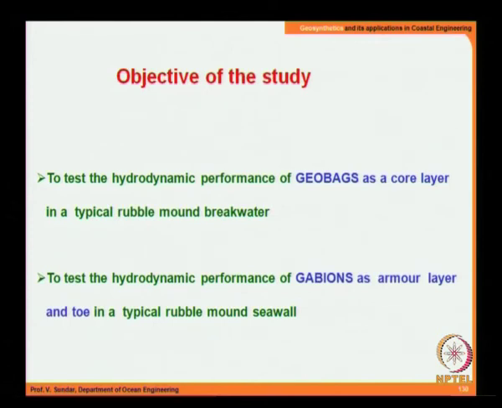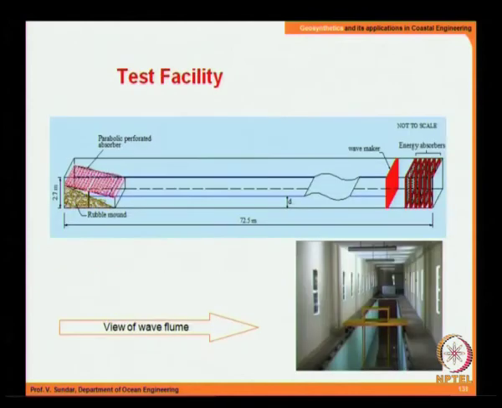Here the objective of the study is to test the hydrodynamic performance of geobags as a core layer in a typical rubble mound breakwater, and also to test the hydrodynamic performance of gabions as armor layers and toe for a typical rubble mound seawall. This is the wave flume which we have, 72 meters long, with a wave maker here, and the water depth can be varied from about 0.3 to 2 meters.